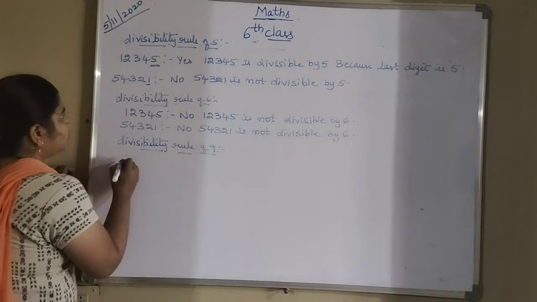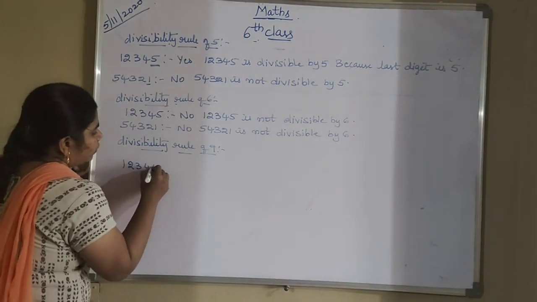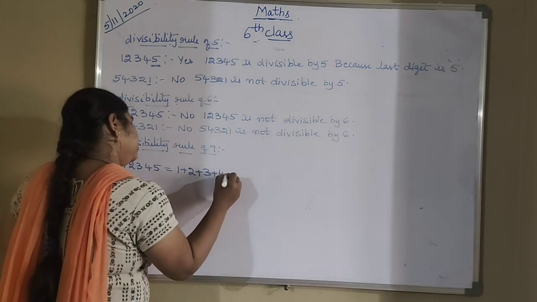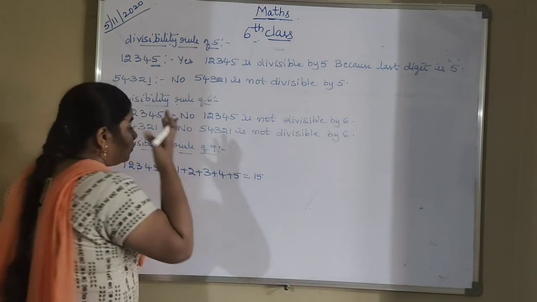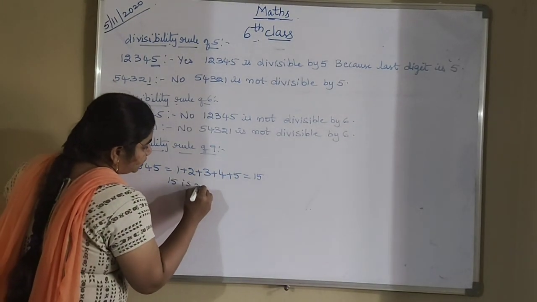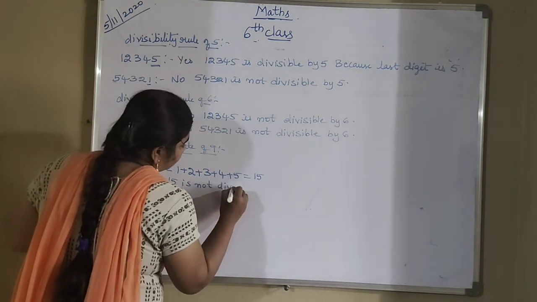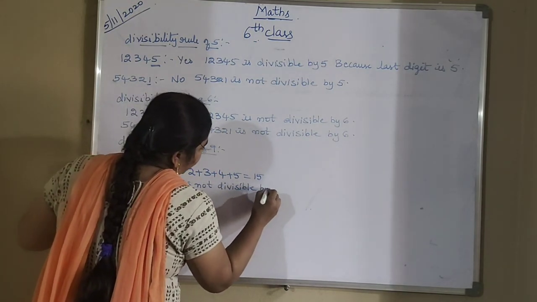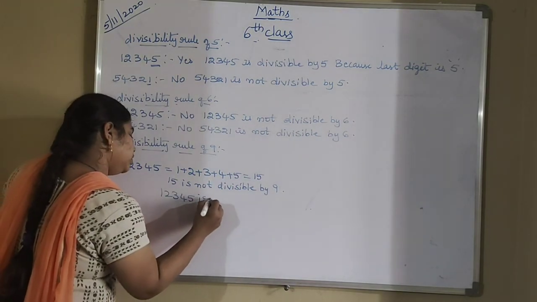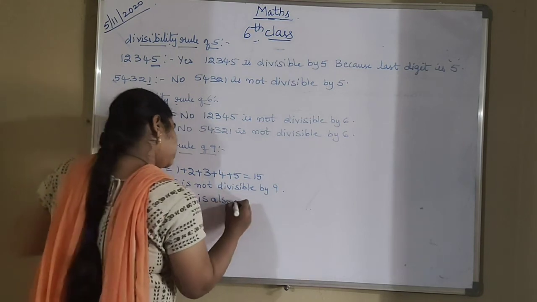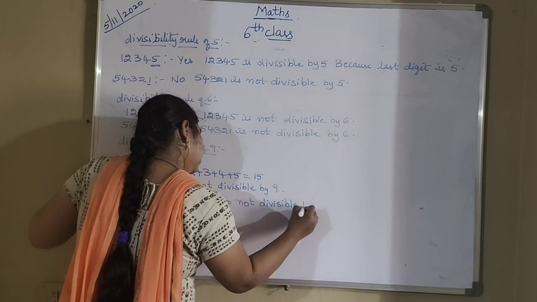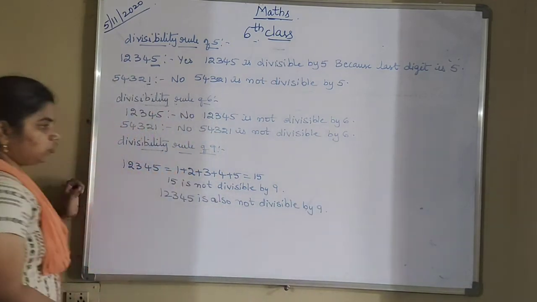So add all the numbers 1, 2, 3, 4, 5, and you will get 15. 15 is not a multiple of 9, so 15 is not divisible by 9. Therefore 1, 2, 3, 4, 5 is also not divisible by 9. Now check for the reverse number.